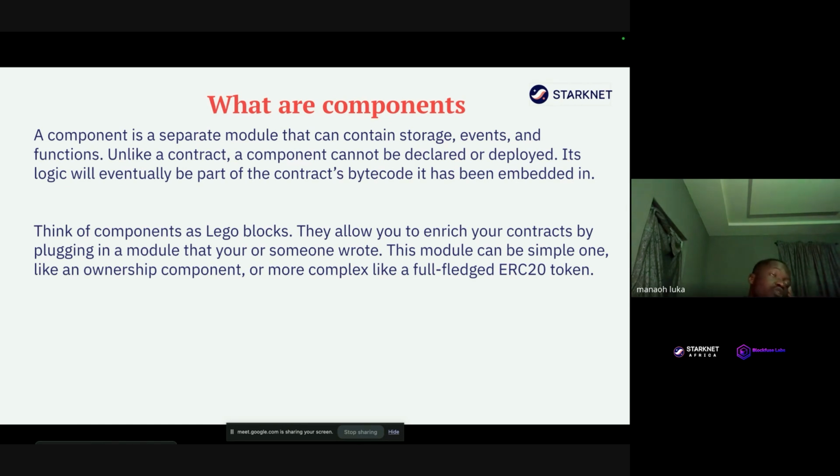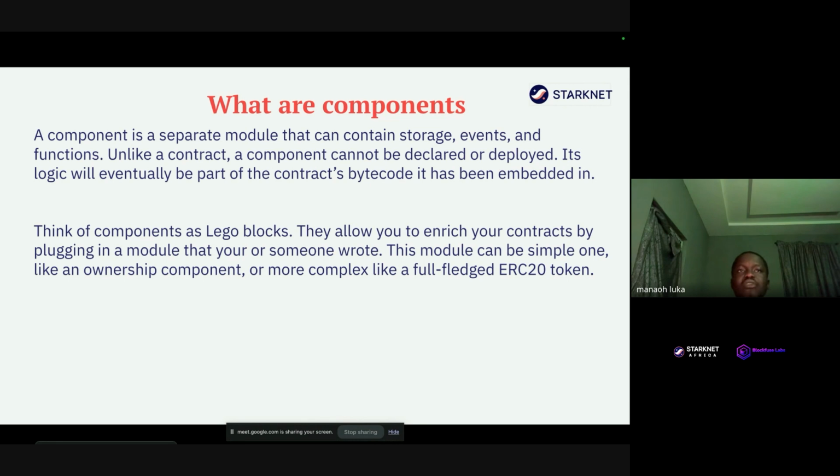For those of you that have worked with OpenZeppelin or tried to implement their Ownable contracts, modules are a simple example of what can be regarded as components. Or it can be something as complex as an ERC20 token. So you can have an ERC20 token as a separate component.